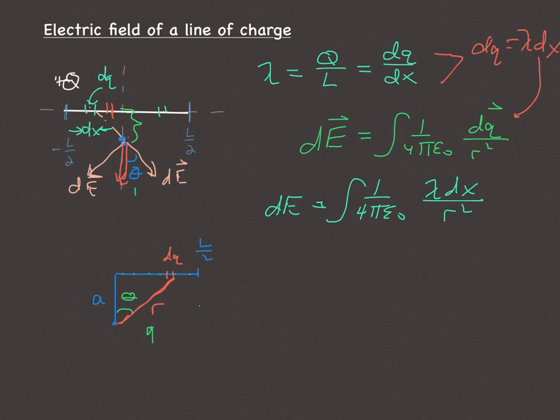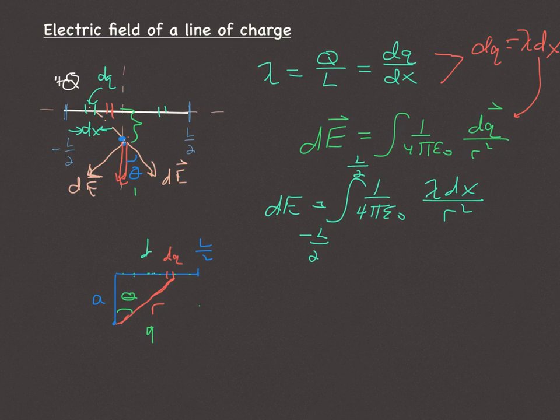So we're really integrating this between the parameters of the position negative L over 2 to positive L over 2. We now have to get rid of the variable r and put it in terms of the x position, because that's what affects, if we look over here, where this dq is along this axis is going to change the angle, going to change the r.